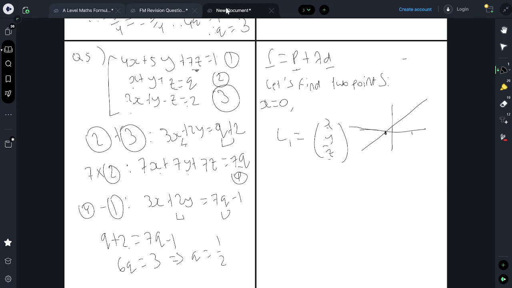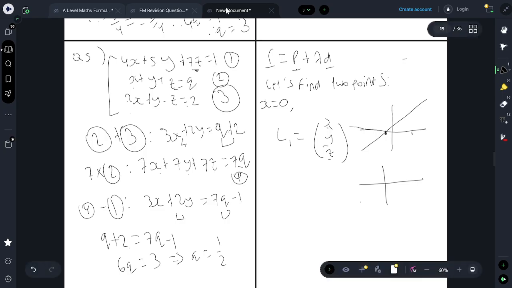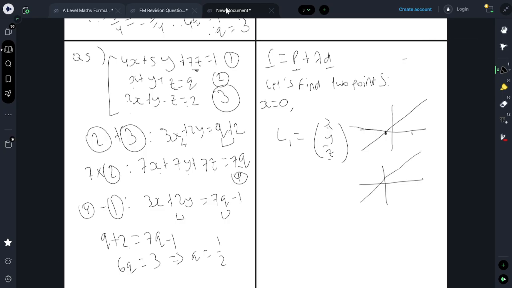But I didn't say that very well. Let's try it again. Because it's a line, right, it goes through the whole axis. It goes from negative infinity for x to positive infinity. It contains a whole real line of x values.